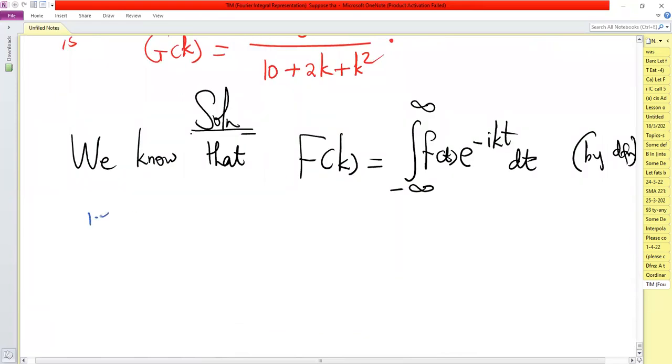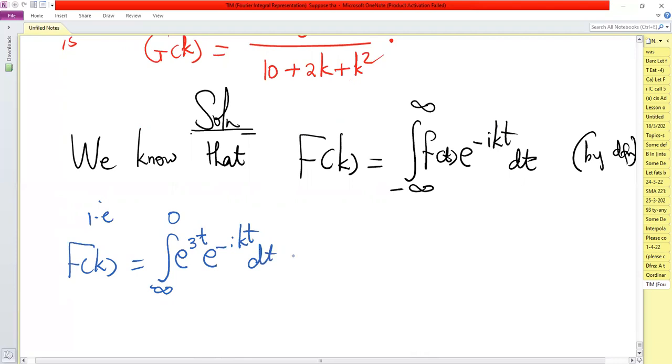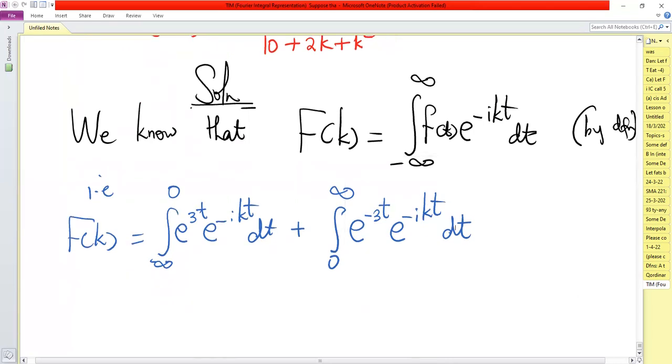So we are going to split this integral into two subintegrals. We'll have F(k) equal to the integral from minus infinity to 0 of e^(3t)e^(−ikt) dt plus the integral from 0 to infinity of e^(−3t)e^(−ikt) dt. This is also by the definition of the function f(t).